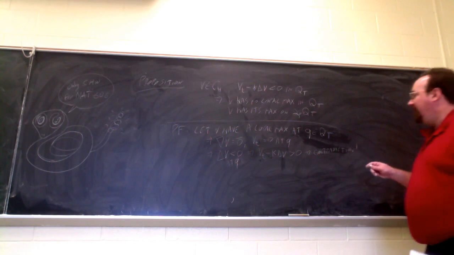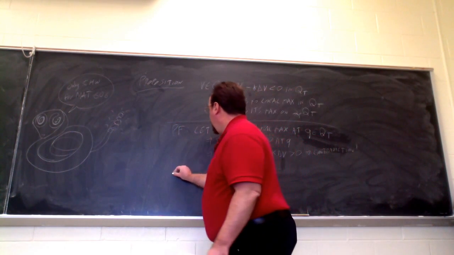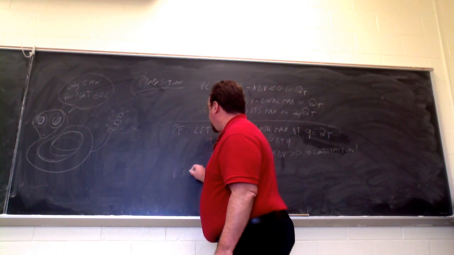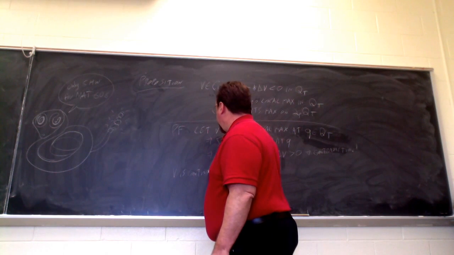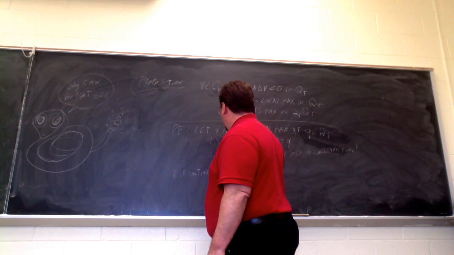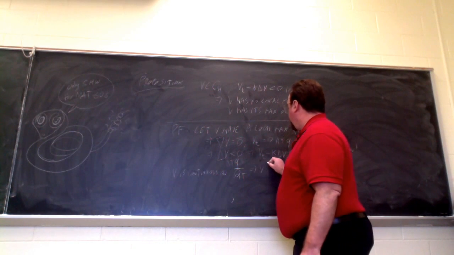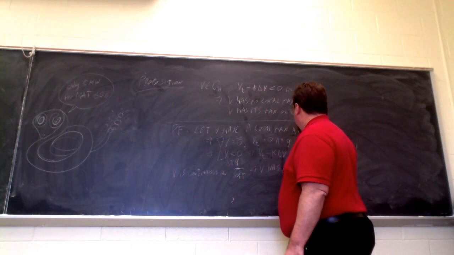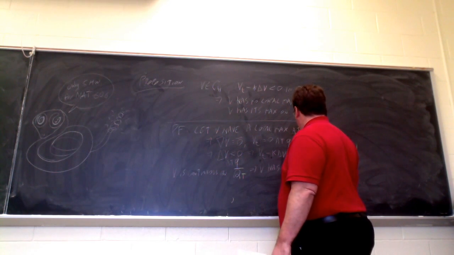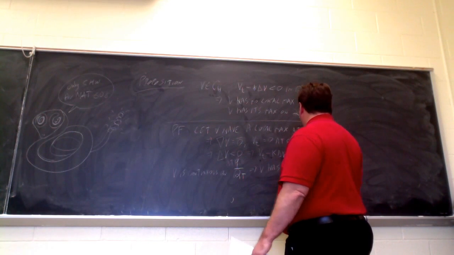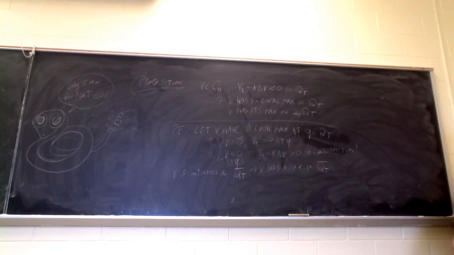Because V is continuous, that's one of the assumptions of being in this function space, continuous on the closure of Q_T, that means V has a maximum somewhere in this domain, either the interior or the boundary.